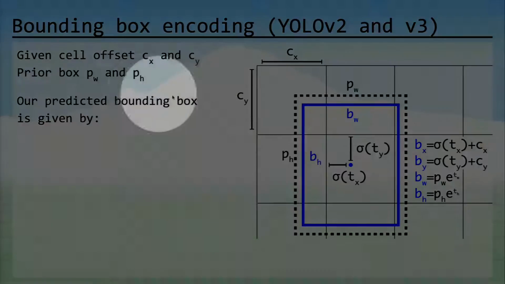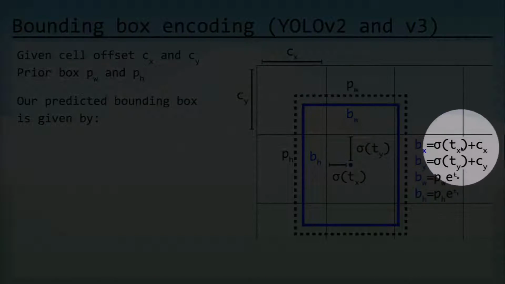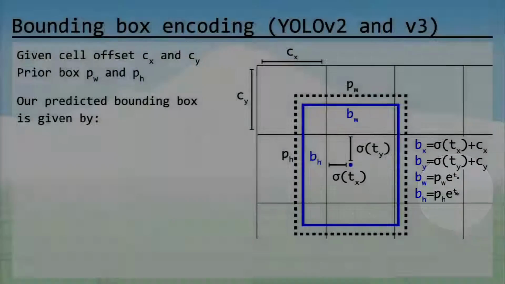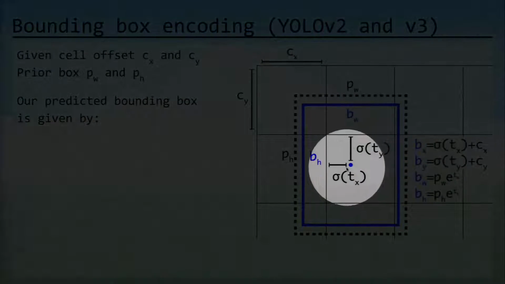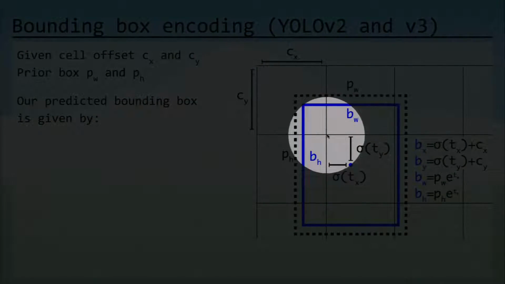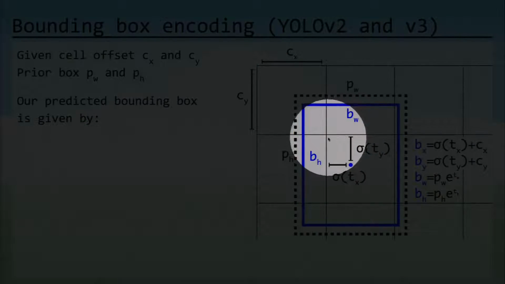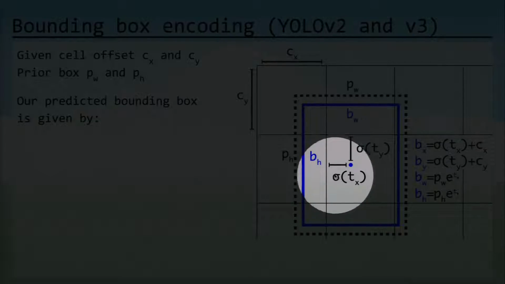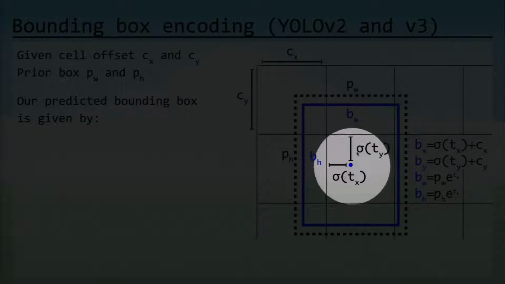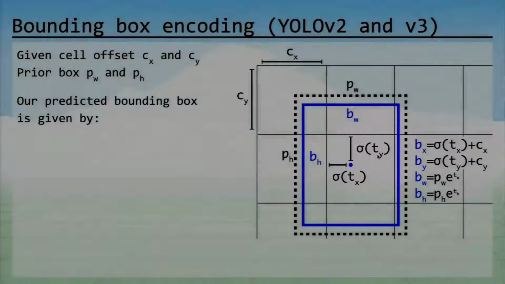So what we end up predicting are these t values, Tx, Ty, Tw, and Th, and we use those values to compute the actual bounding box. The actual bounding box is associated with the distance from the top left location of this grid cell. So we're predicting Tx and Ty, and we're going to take the logistic activation of Tx and the logistic activation of Ty, so that each of those falls within 0 and 1.